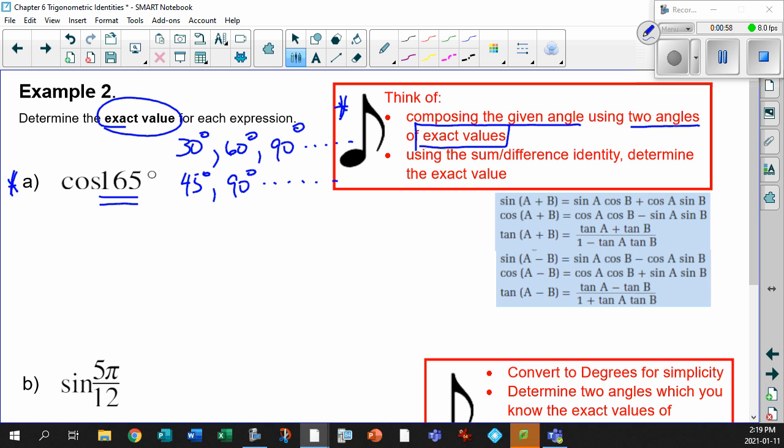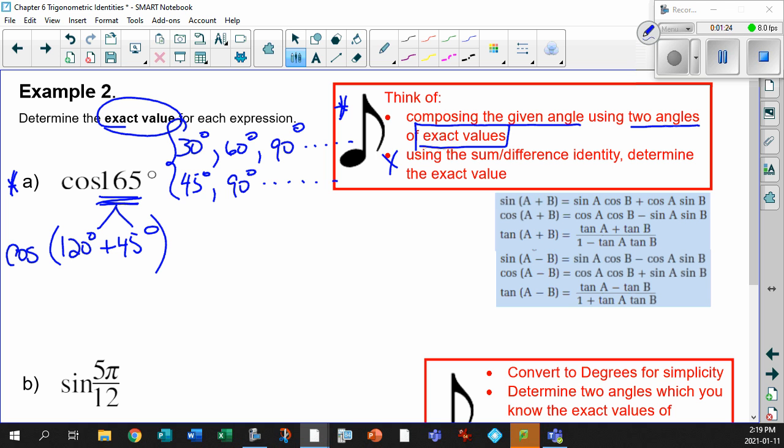Take a look at this, 165 degrees. In terms of these perfect multiples, isn't that 120 degrees and 45 degrees? Doesn't that give you 165? Of course it does. So you're going to use a sum of cosine identity.